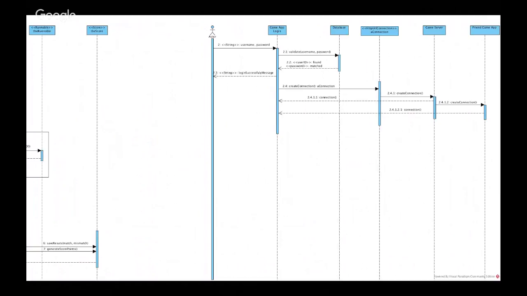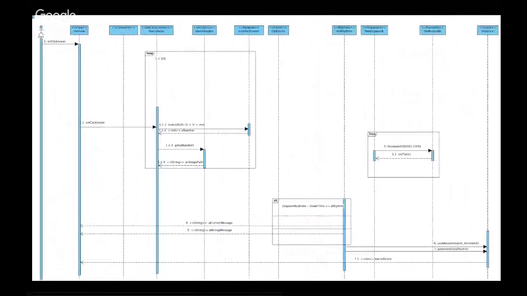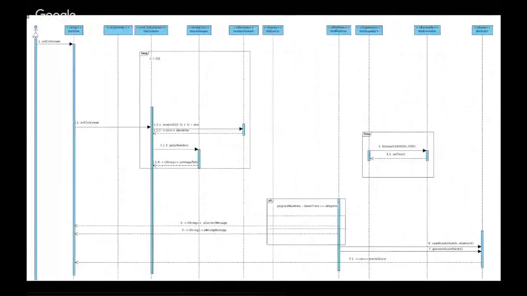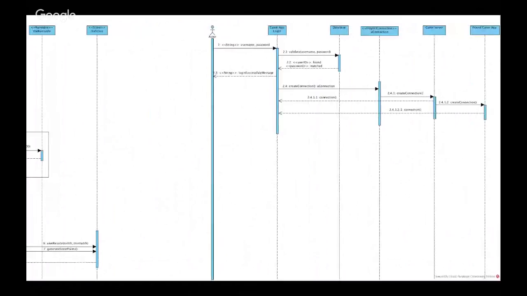So it would be like a peer-to-peer, client-to-client. So the idea is that the game will do the same depending on which feature, if it's the free version or the premium version.